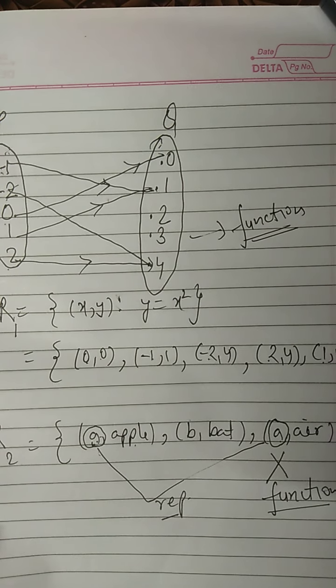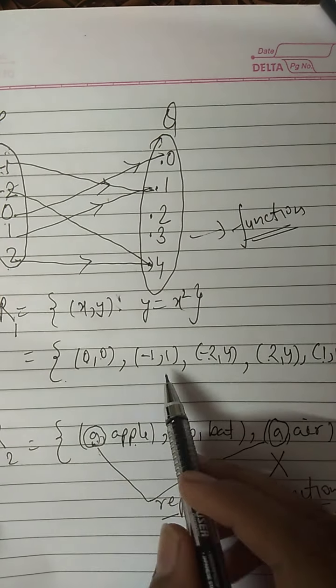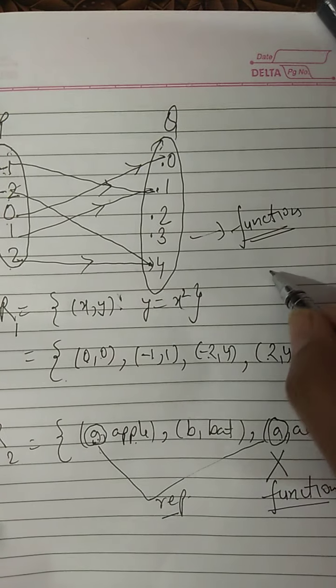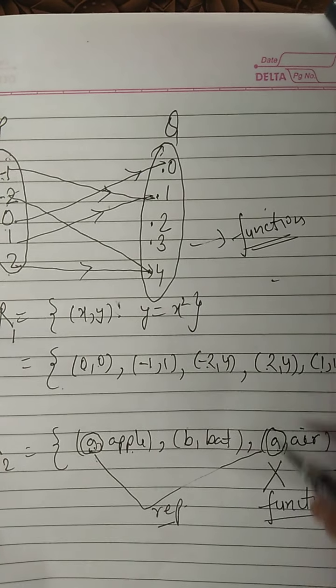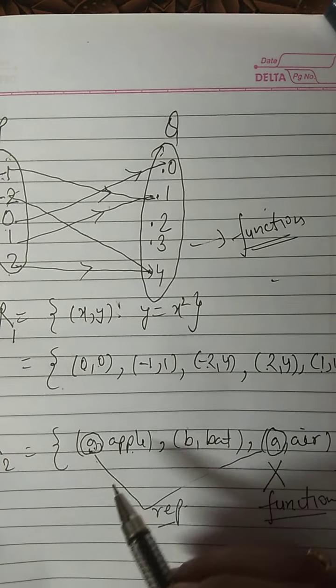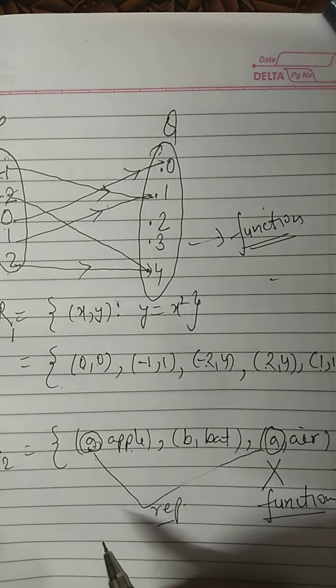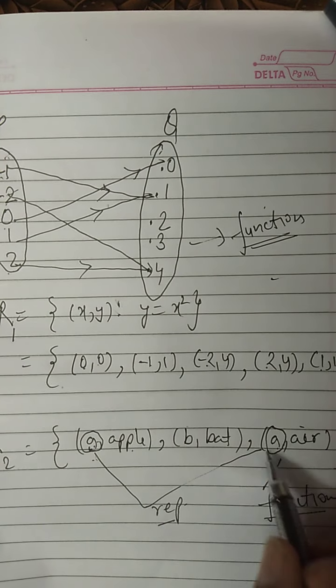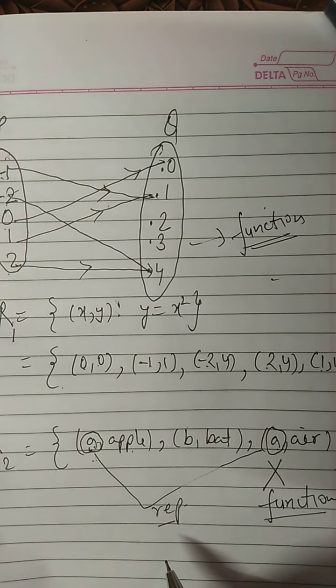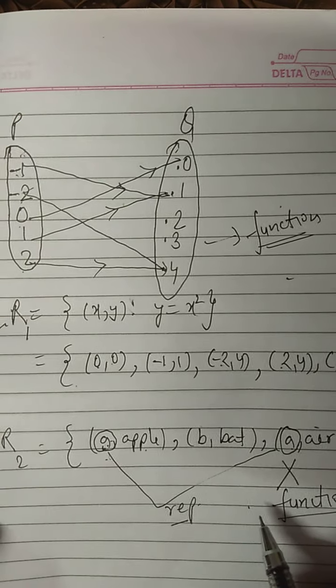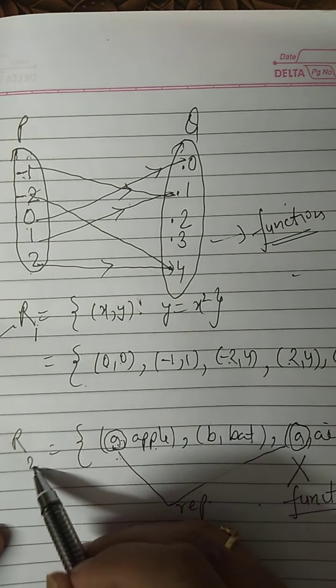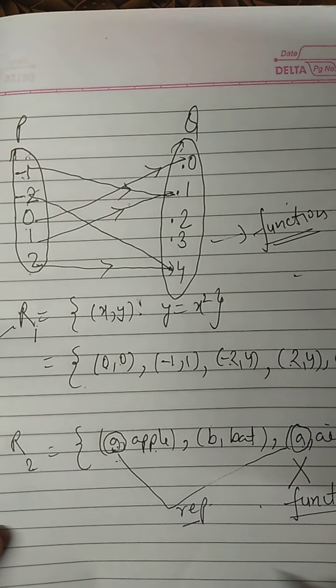If the second element is repeated but there is no repetition of the first element, then it is a function. So this is the difference between repetition of the first element and repetition of the second element. Repetition of the second element is okay, it is a function. Repetition of the first element of an ordered pair, if it is there, then it is not a function. So R1 is a function, R2 is not a function.